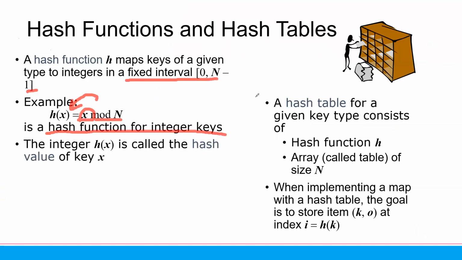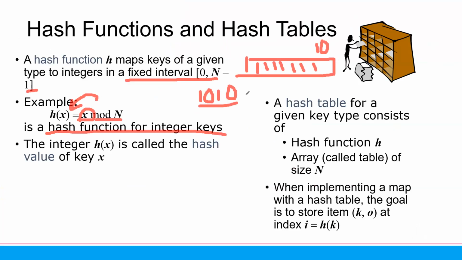So for example, I have only 10 locations, and my data is 1010. How can I put it in this array? Before we place this number into the array or list, we can use the hash function.